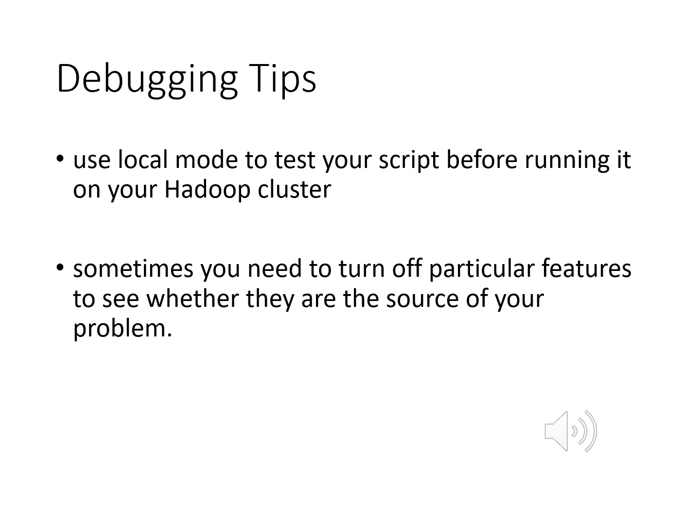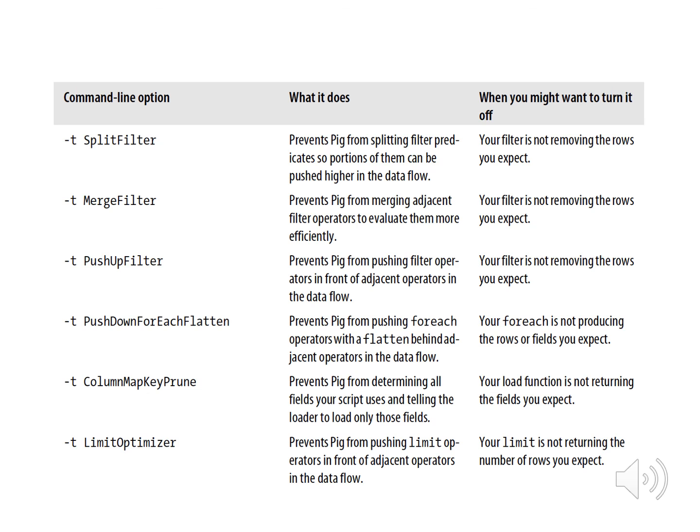And a second tip is that sometimes we need to turn off particular features to see whether they are the source of the problem. This can include particular optimizations that Pig attempts or new features. This table lists features that can be turned off. All these are options that can be passed to Pig on the command line.